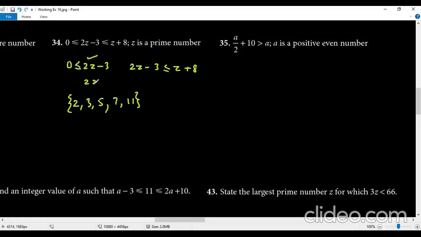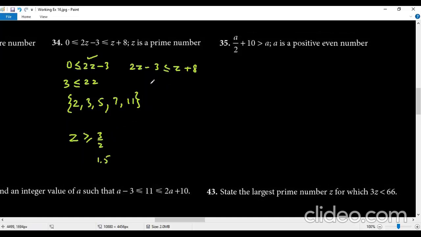So if I solve this one, I'm going to get 2z greater than or equal to 3, and z is going to be greater than 3 over 2. That means 1.5. So all the values which are greater than 1.5 and all should be prime numbers.